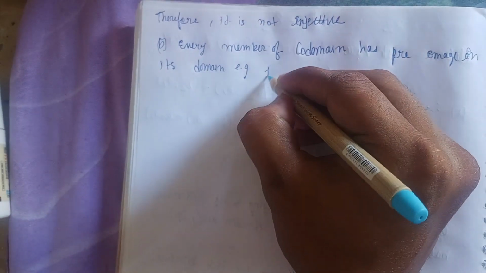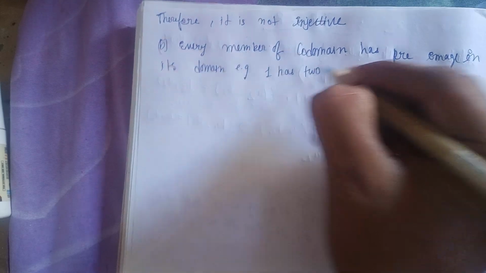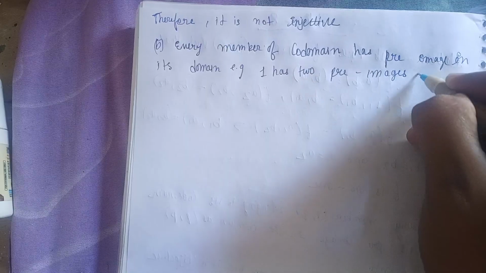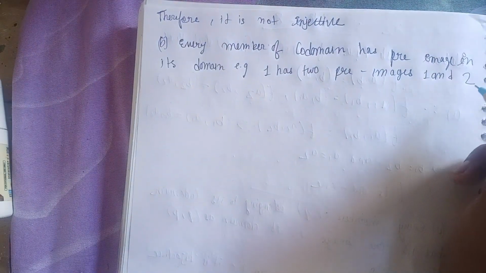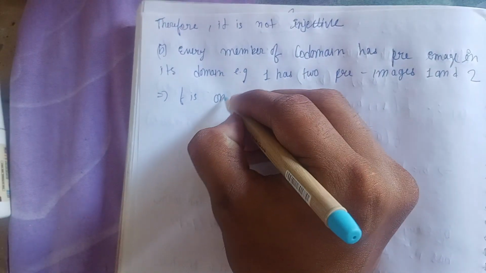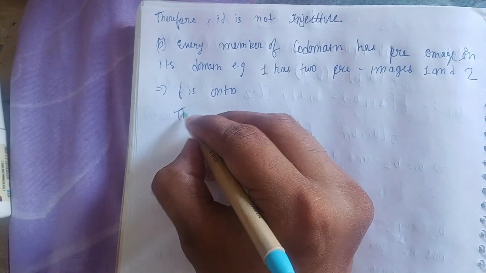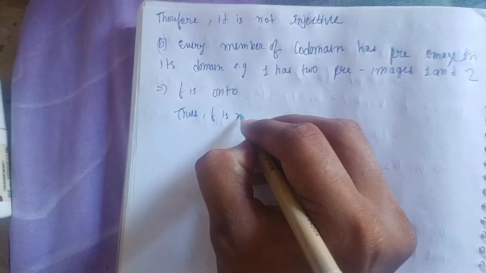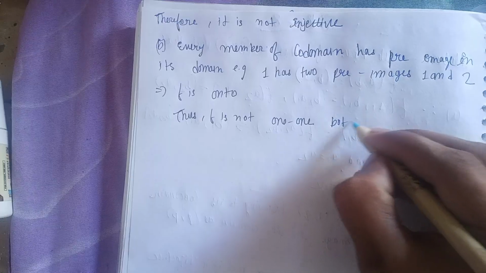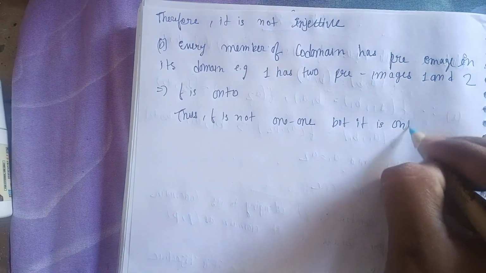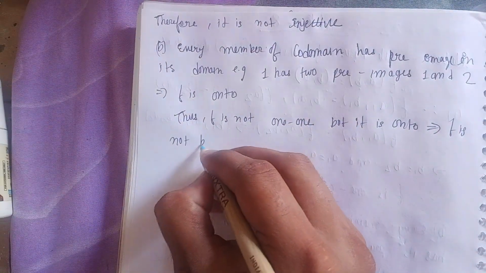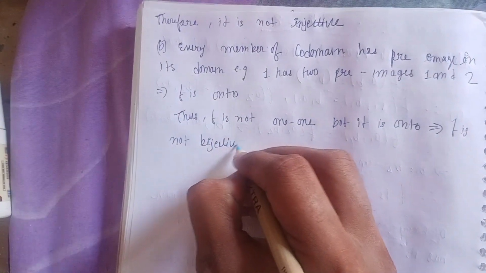Example: 1 has two preimages, and 2 has preimages 1 and 2. Therefore, f is onto. Thus, f is not one-one, but it is onto. Therefore, f is not bijective.